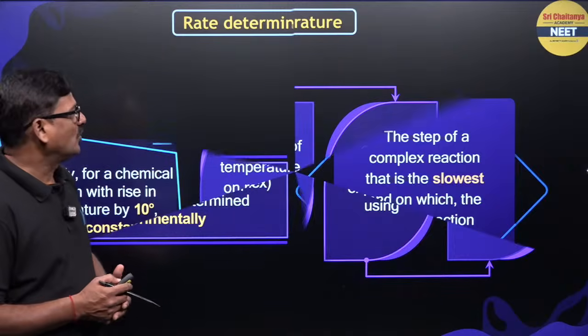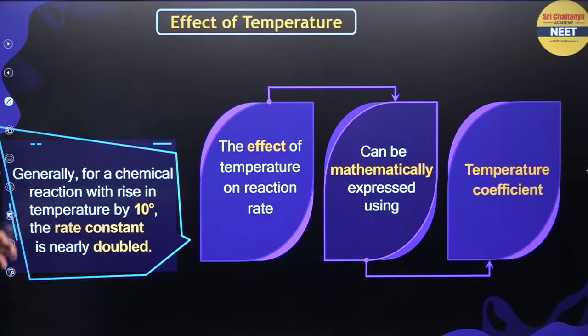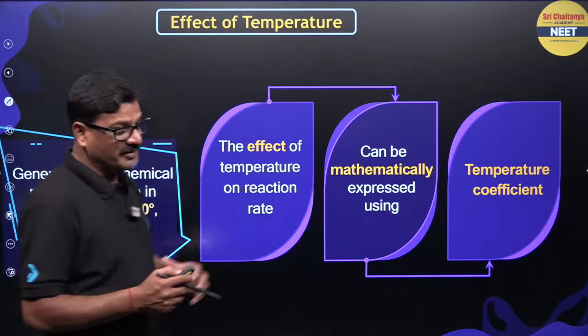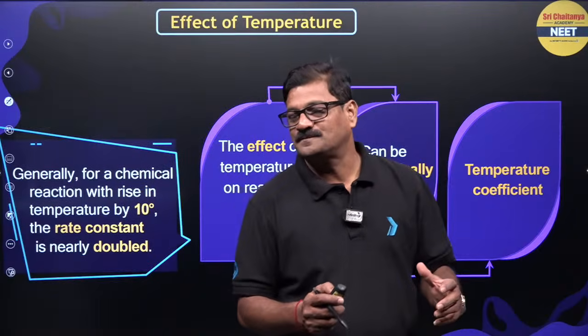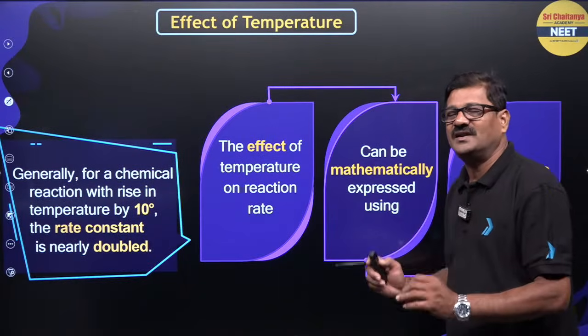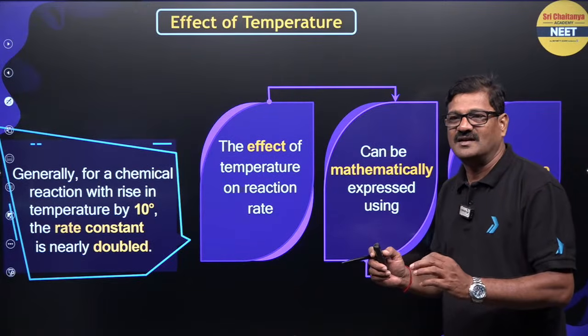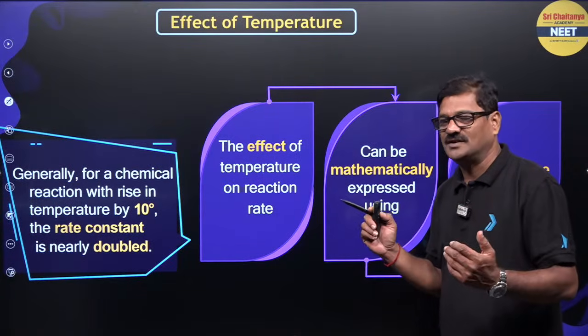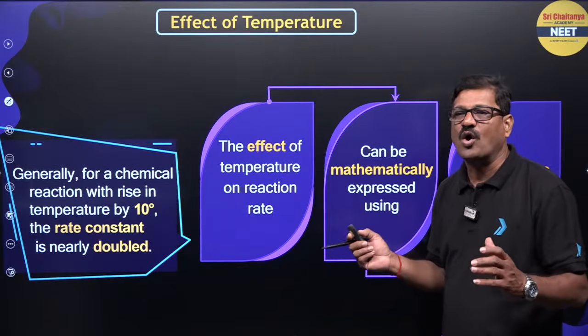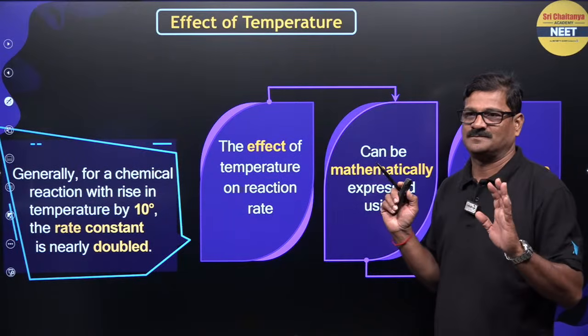Right? So generally for a chemical reaction, what will the temperature dependency be? For every 10 degrees rise in the temperature, rate of reaction usually doubles or triples.